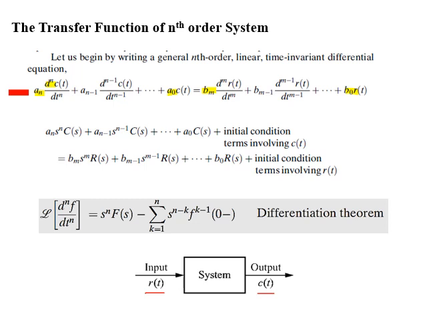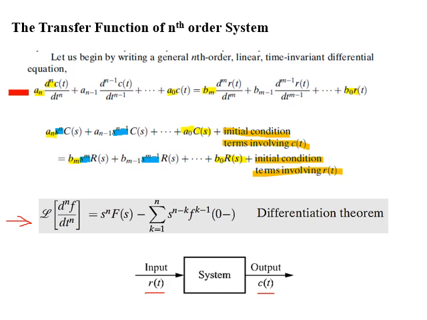Now for the transfer function, we will take Laplace transform with the help of the theorem studied in the previous slide. And we'll come to an equation involving constants a naught to an, b naught to bm, Laplace operator s, output represented by capital C of s, input variable represented by capital R of s, and initial conditions associated with input r of t and with output c of t.